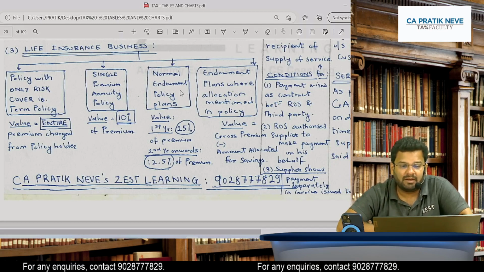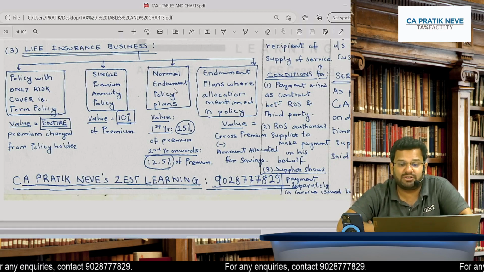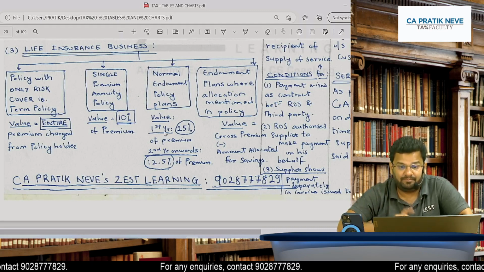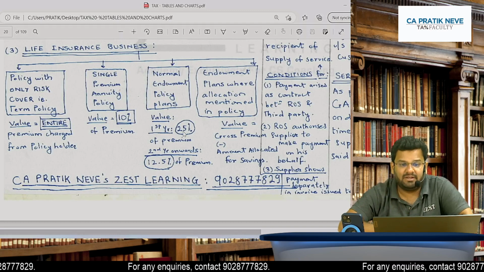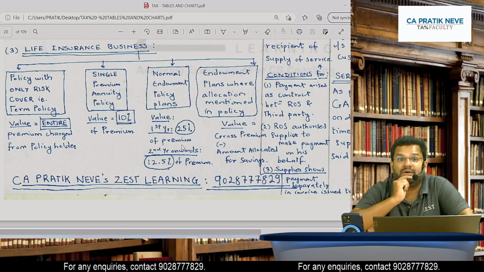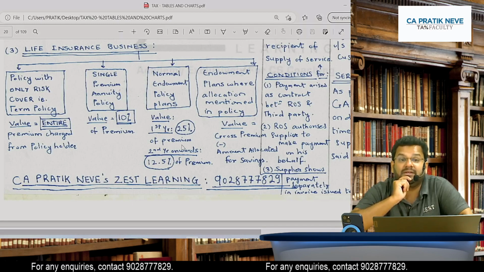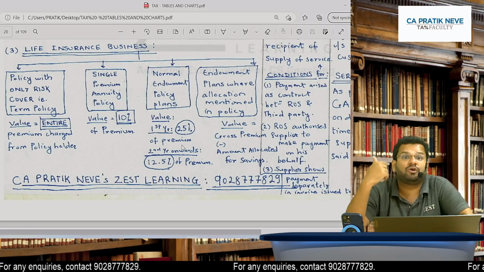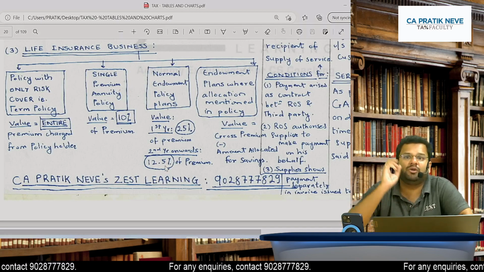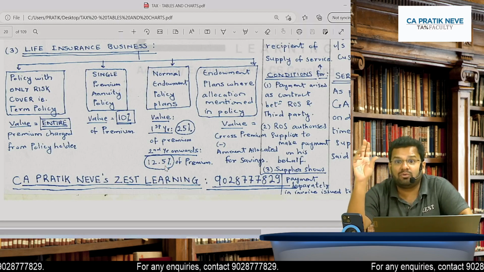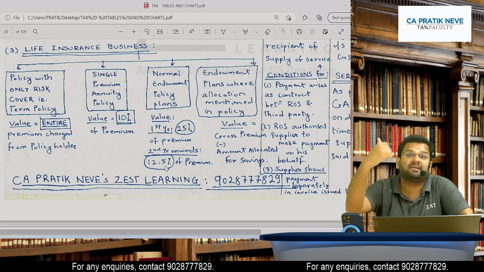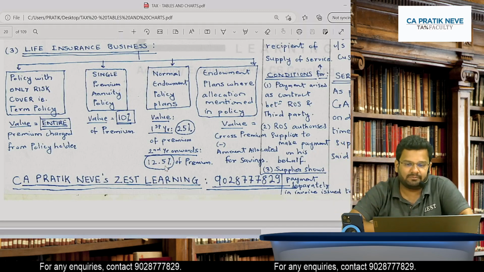Very good. In normal endowment policy plans, which are not single premium, in that case, in the first year 25% of premium is your value, and from the second year onwards it goes down to 12.5%. How will you remember this? The heavy amount, 25%, is towards premium in the first year, and from next year onwards it gets half of that.